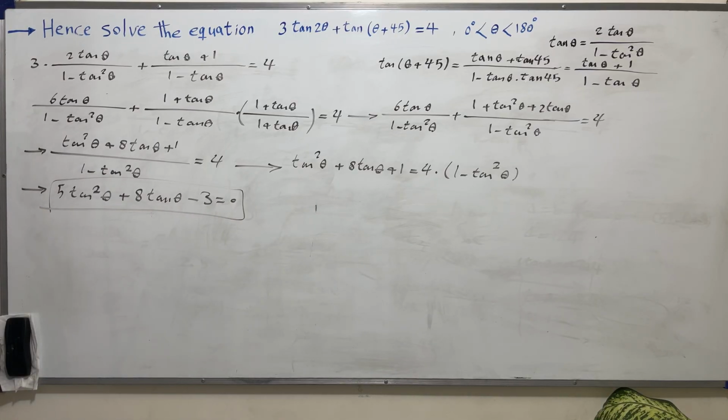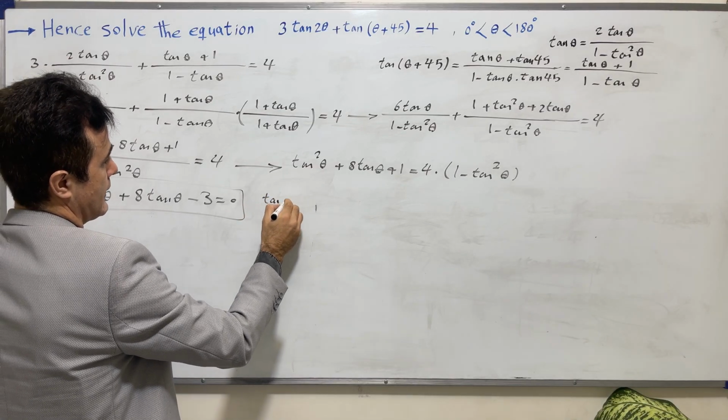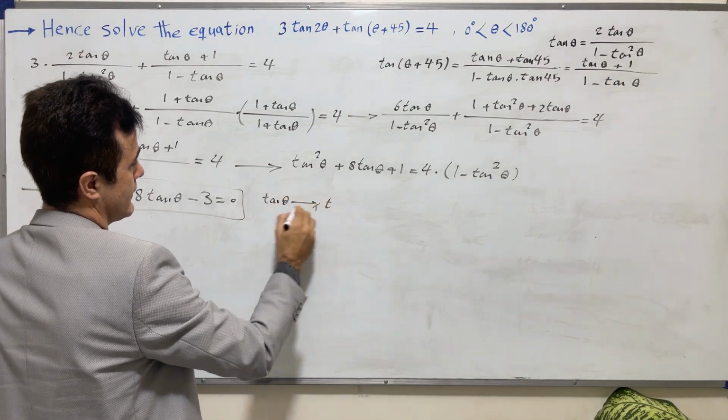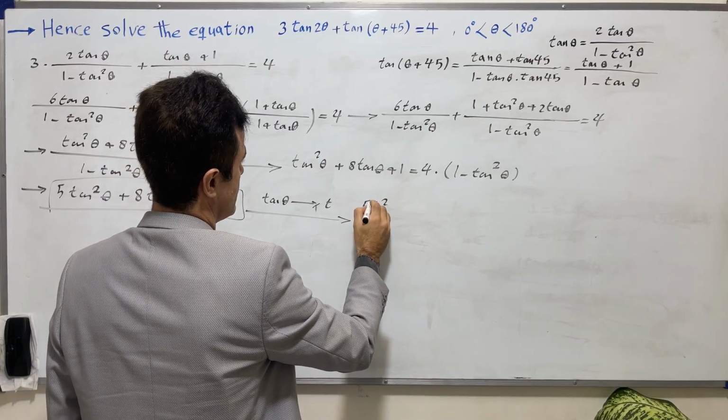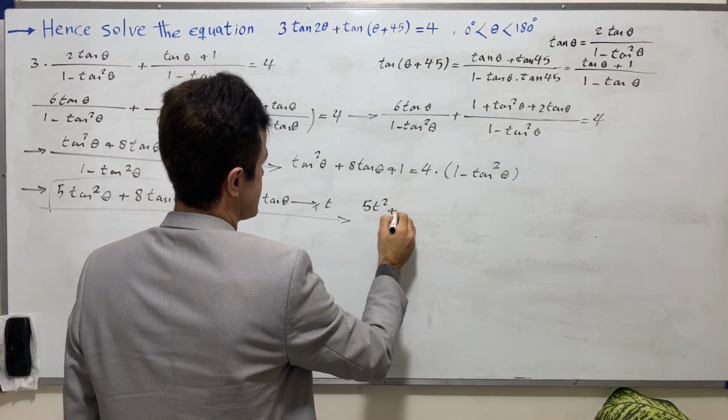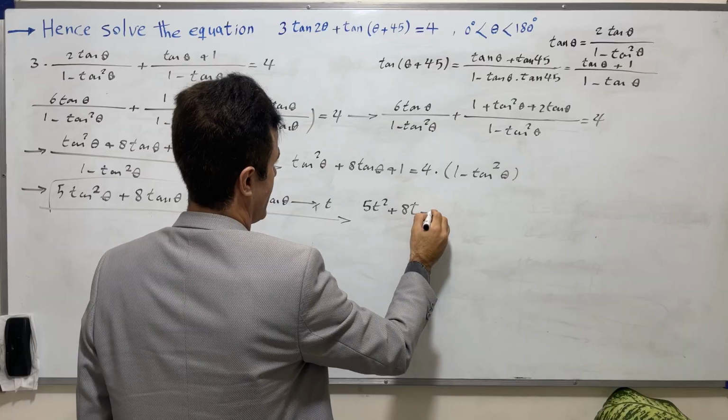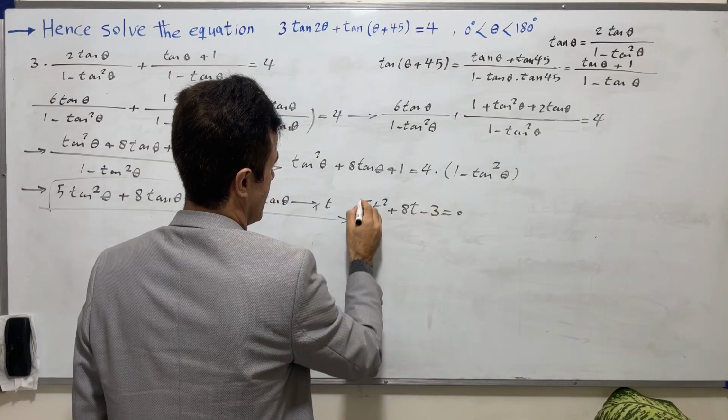By using a change of variable, a quadratic equation is obtained. Tan θ changes to t. Then we have 5t² + 8t minus 3 equals 0.